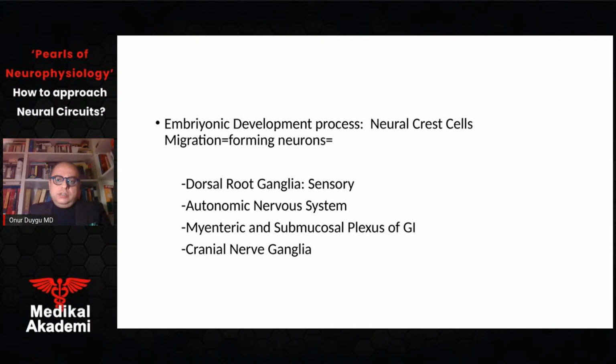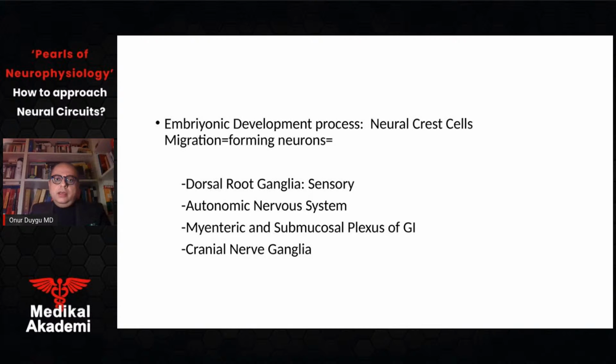Let's talk about the dorsal root ganglia, which transform into the sensory system, and the autonomic nervous system, also caused by neural crest migration. Neural crest cells also form the neurons of the mesenteric and submucosal plexus of the gastrointestinal tract, which is very important for neural structures inside our abdomen. Everyone calls it the cerebrum inside our abdomen. Cranial nerve ganglia are also very important.